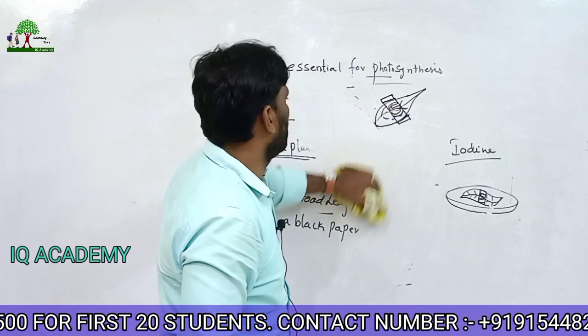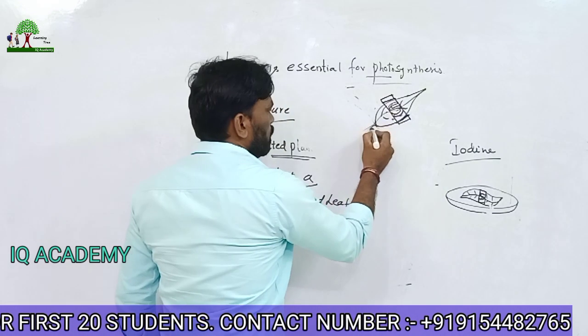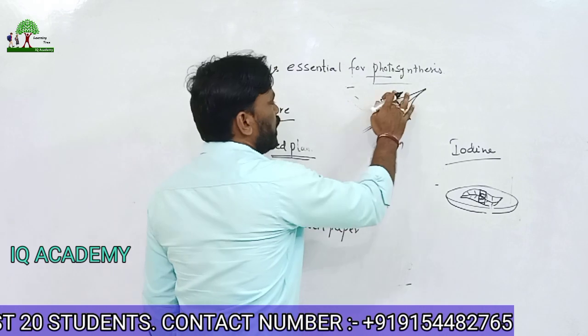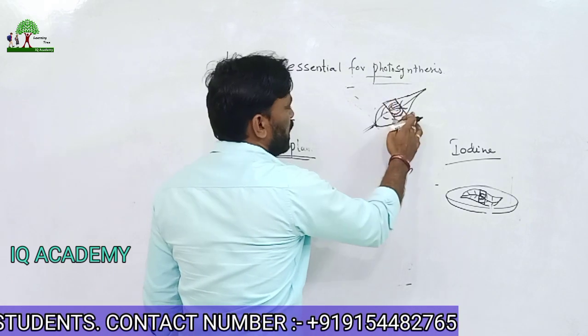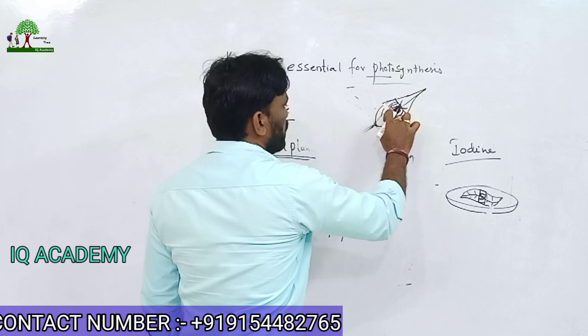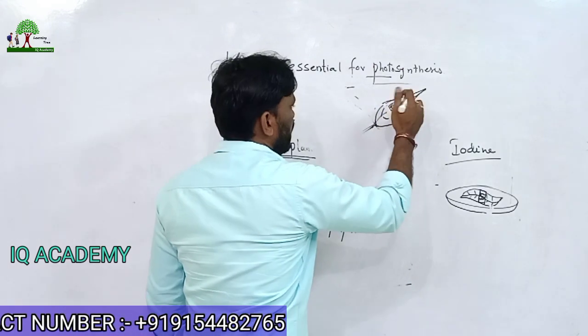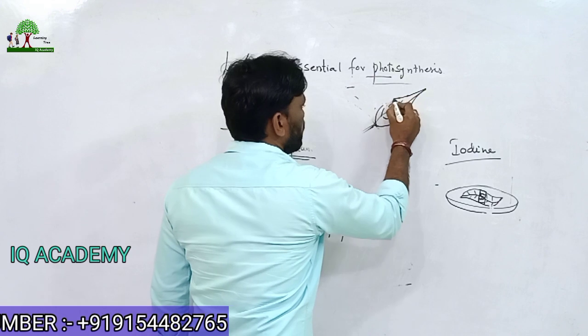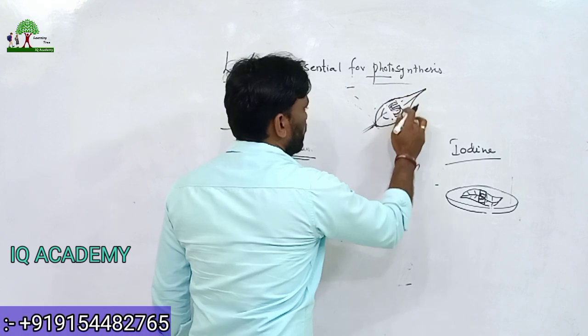Now you imagine that the leaf is there, and we removed this paper also. Only the S shape will be there like this.